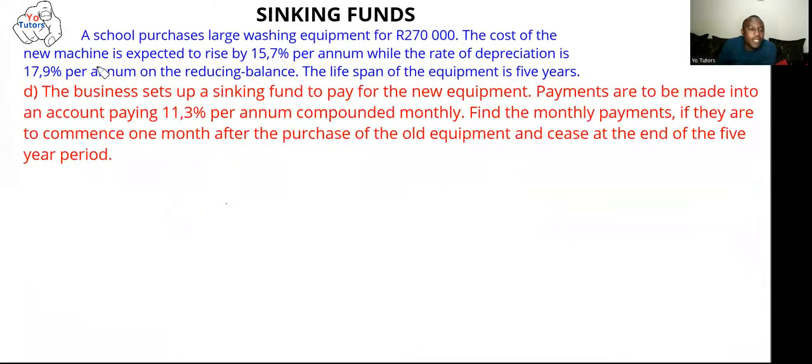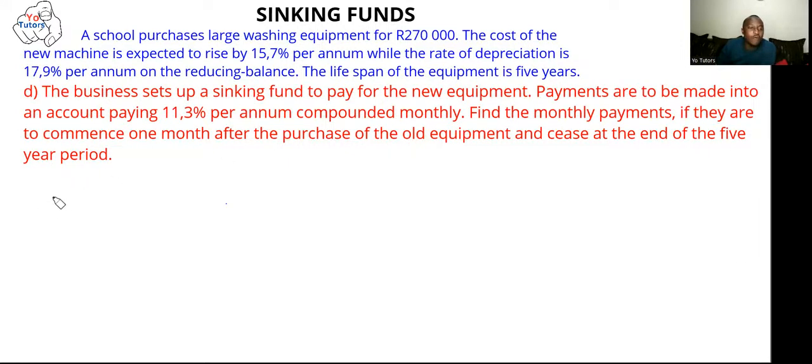Now, the business sets up a sinking fund to purchase the new machine. Payments are to be made into the account paying 11.3% per annum compounded monthly. Find the monthly payments if they are to commence 1 month after the purchase of the old equipment, and cease at the end of the 5-year period.